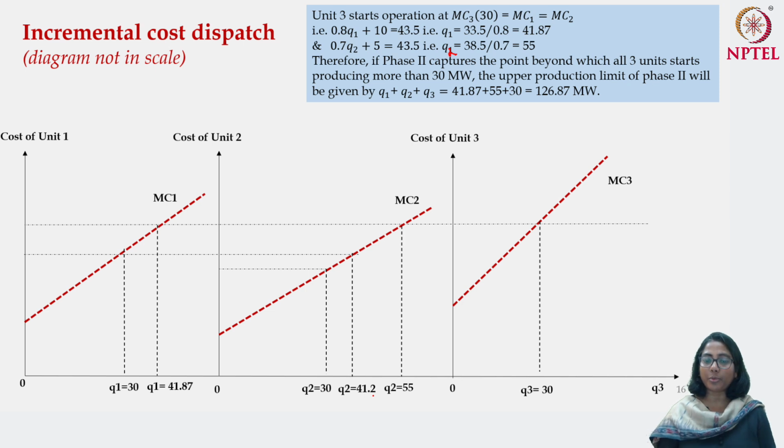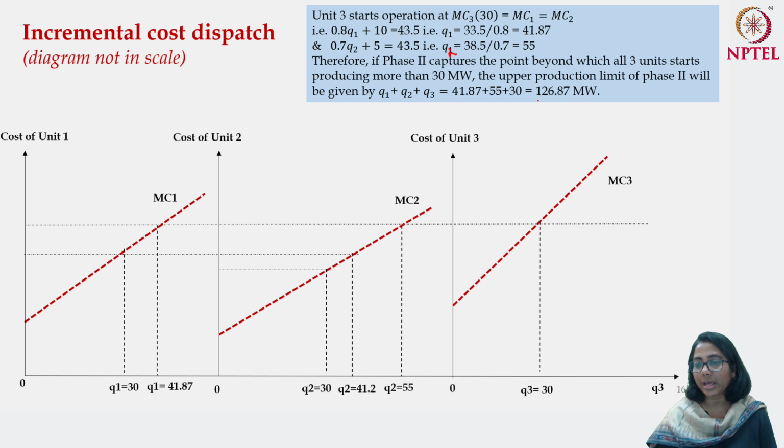After 101.2, both the first and second units start producing. So between 101 and 126.87, it's the first and the second units that are producing. Beyond 126.87, all three units are producing.